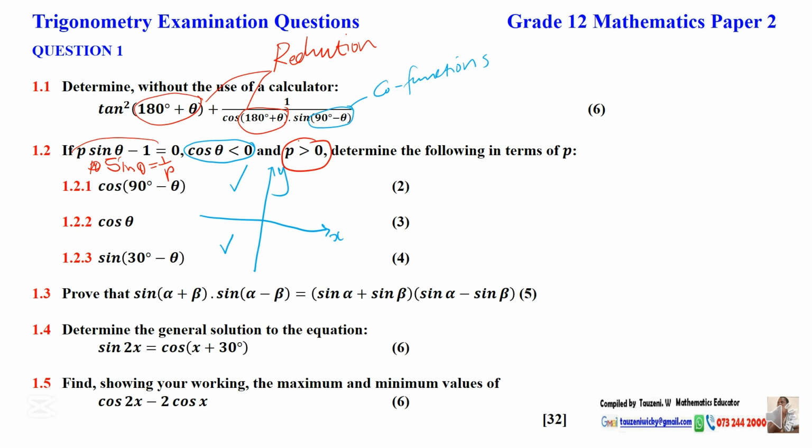And sine theta is positive in quadrant 1 and in quadrant 2. So the one quadrant that satisfies both conditions, cos theta is negative but sine theta is positive, is quadrant 2. So you draw a triangle in quadrant 2 and label it according to trigonometric ratios and then simplify your expression.